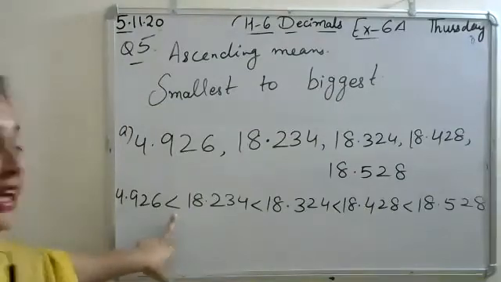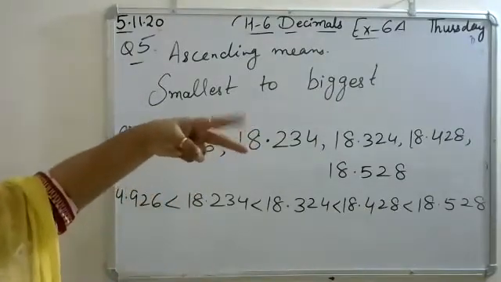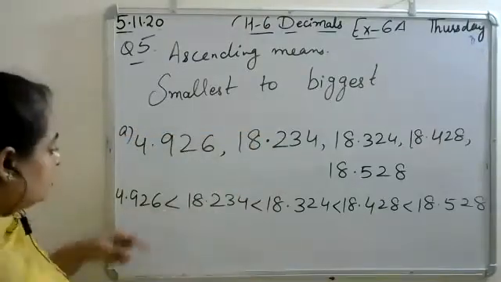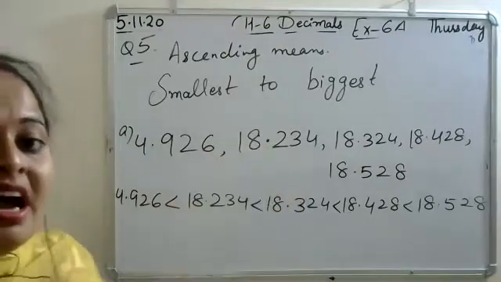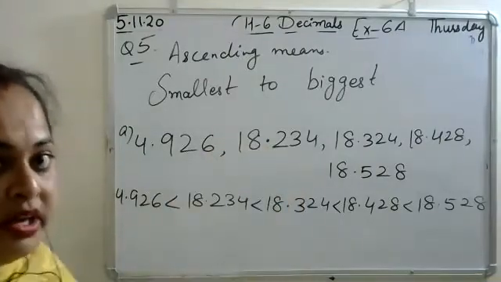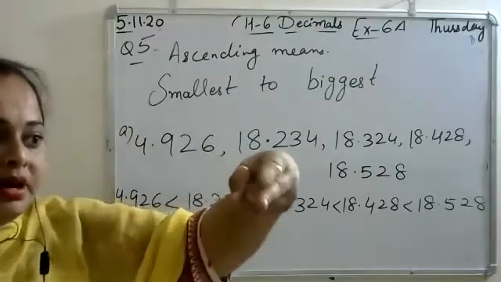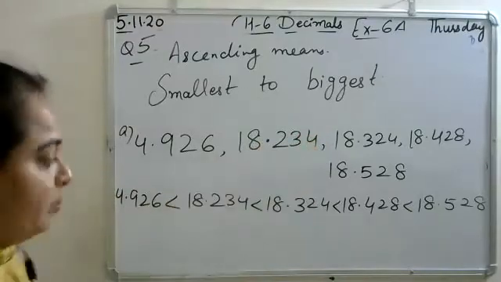The alligator mouth is open towards the bigger number. Alligator is a kind of crocodile, so the alligator will eat the bigger number. That's why the mouth is open towards the bigger number.